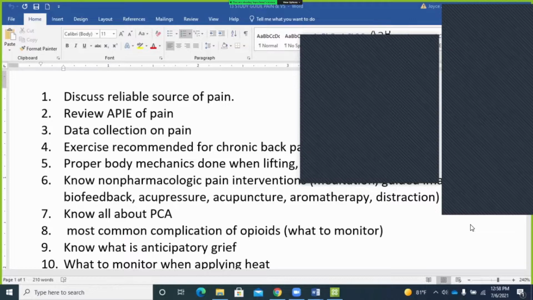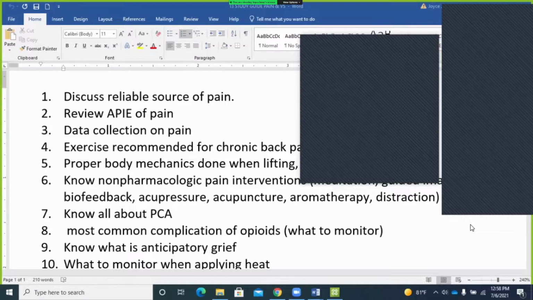Okay, so patient-controlled analgesia. When you say PCA, only the patient can control that. You shouldn't be controlling it. All right? What else can you say about PCA? It's most effective because the patient has control rather than the nurse.